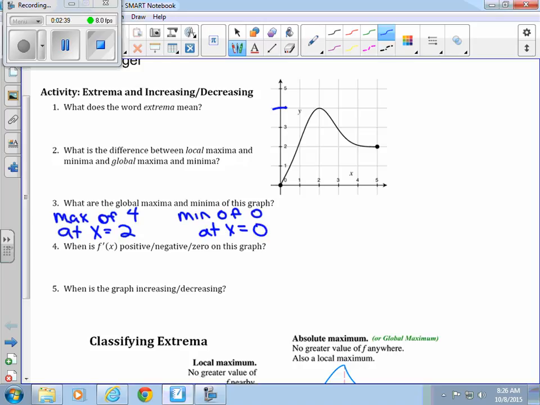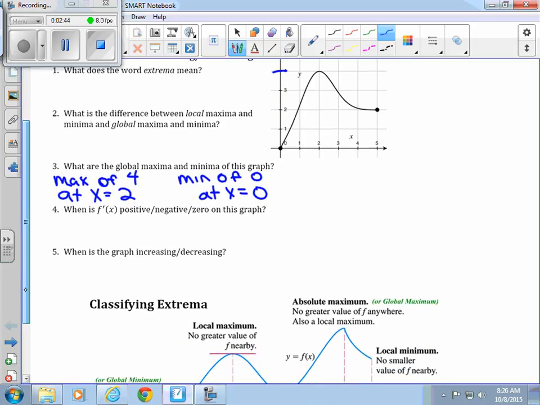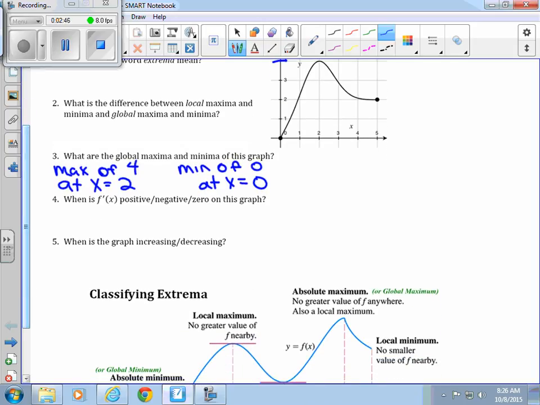When is f prime positive, negative, or 0? What would you be looking at to see if f prime was positively sloped? So when is it positive? 0 to 2. When is it negative? Yeah, 5, you're right.